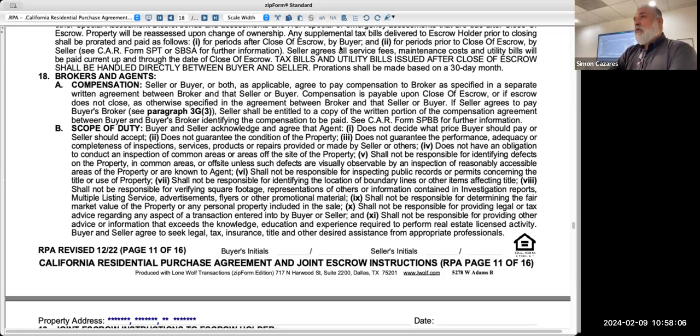Then you open escrow with a new escrow company, but you also have to disclose to the new buyer that it's subject to cancellation of the current escrow. So if the first buyer comes back and wants to sue or puts a lis pendens, then we're not stuck with the new buyer saying, oh, you didn't tell me, now we're going to sue you. Now you've got a double whammy.